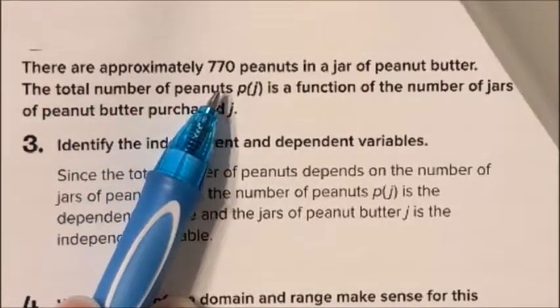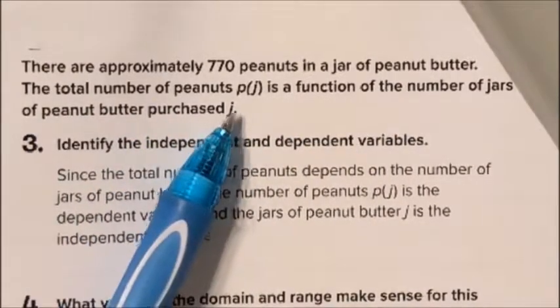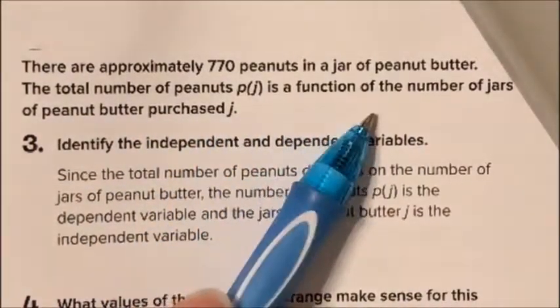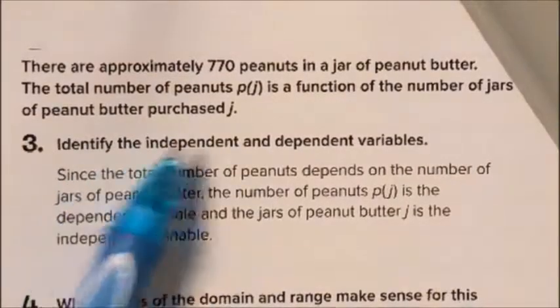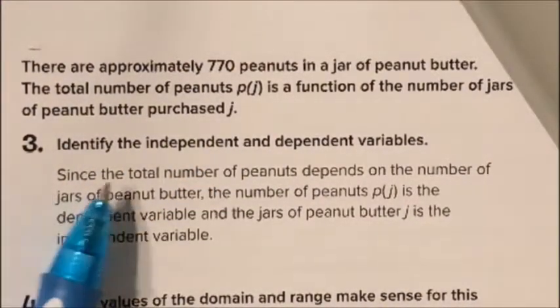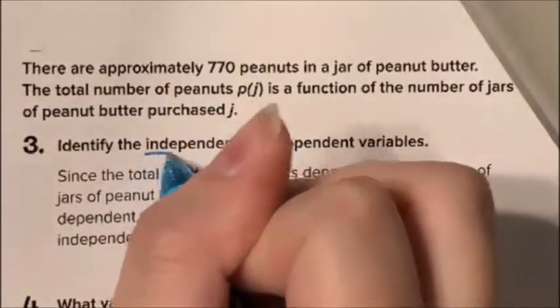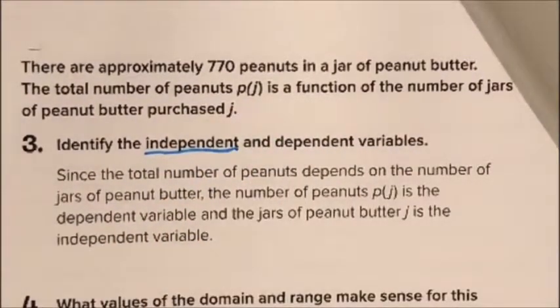There are approximately 770 peanuts in a jar of peanut butter. The total number of peanuts, P of J, is a function of the number of jars of peanut butter purchased, J. For number 3, I want to identify the independent and dependent variables.